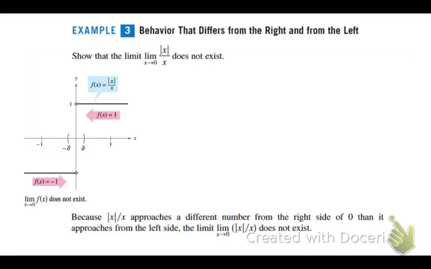Okay, so here's an example of what it would look like if it was approaching two different values. Okay, so the limit as x approaches 0 of the absolute value of x over x. This is what it looks like right here.